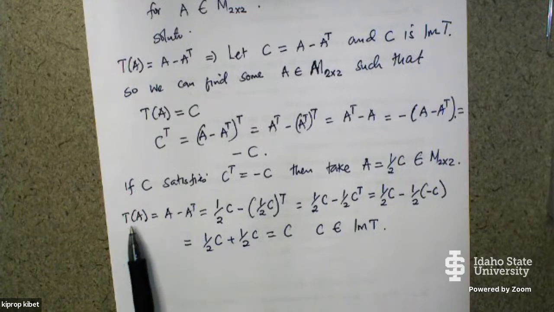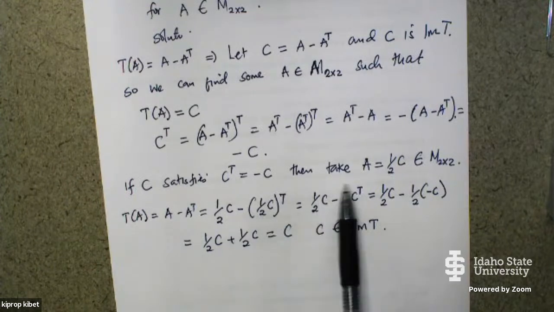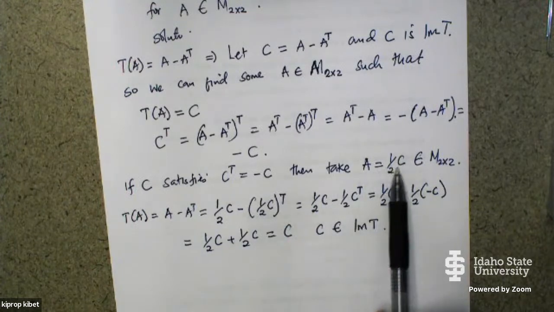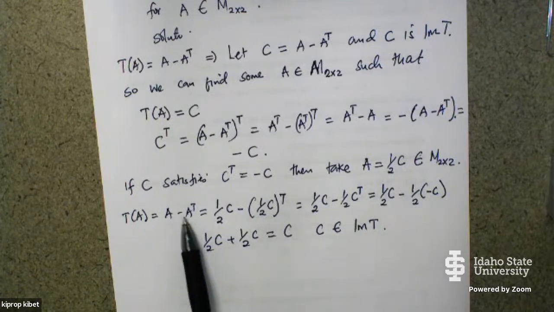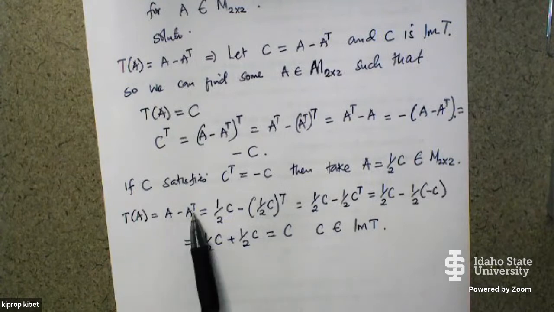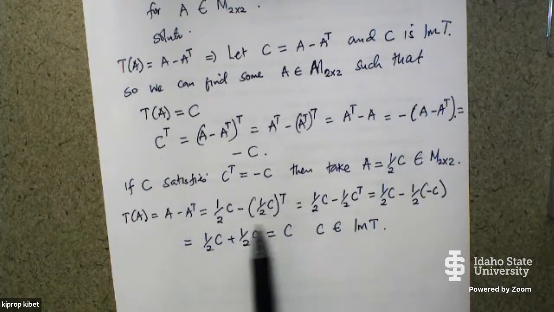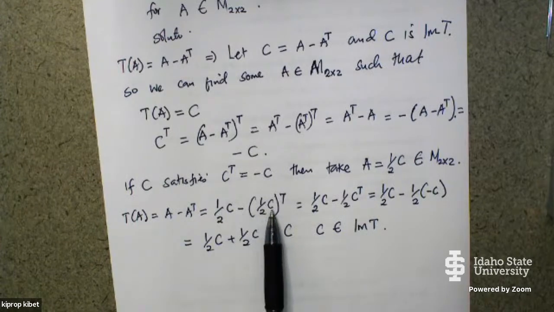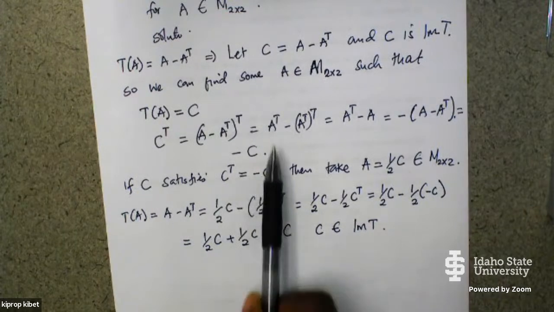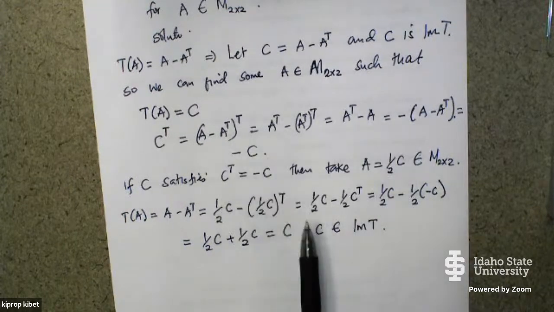Here, if we take A to be equal to 1 over 2C, where there is A, you put 1 over 2C. Then if we substitute like this, 1 over 2C minus 1 over 2C transpose is the same as C, like what we've just gotten here.